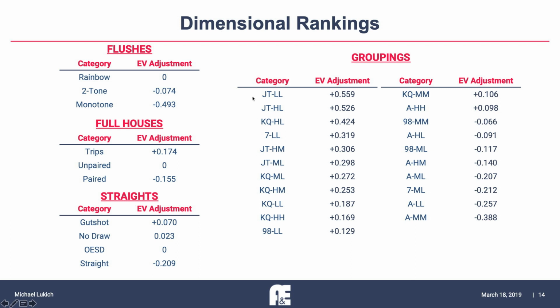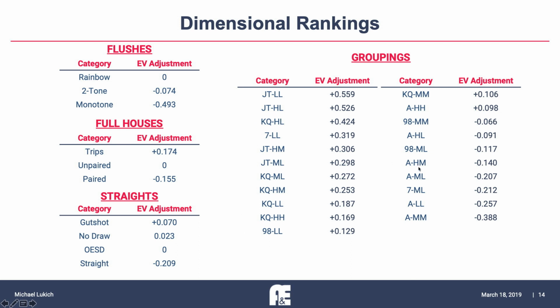Those are 4 of our top 6 groupings, and even the lowest one has a plus 0.3 big blind adjustment factor. So what that's telling us is that really all of our Jack 10 boards are going to be favorable boards for us if it's Jack or 10 high. King or Queen high is actually favorable for us as well. They're all on this left hand side of the column.